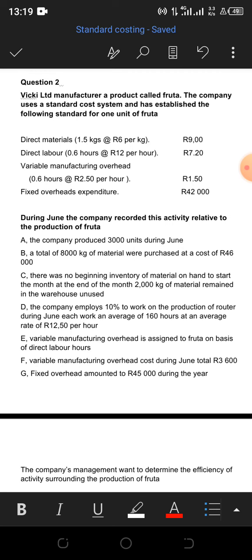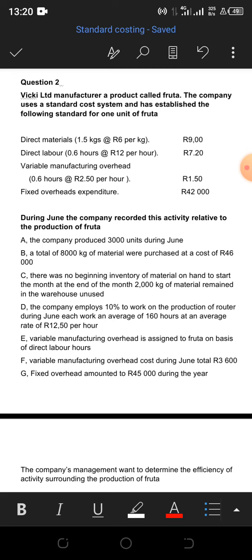Remember on number E, they said the variable manufacturing overhead is assigned with direct labor. If you check on the table, they both have 0.6 hours.